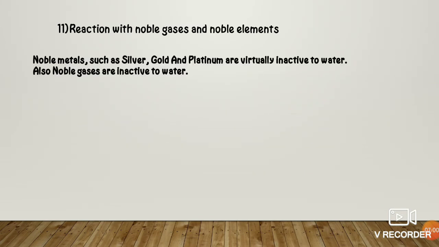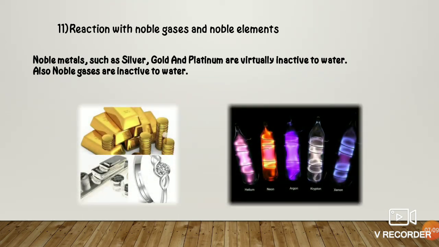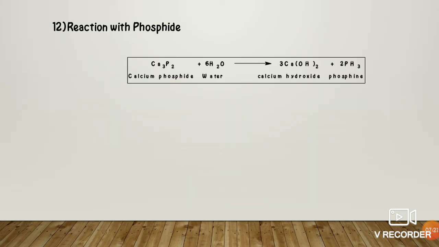Another property is reaction with noble gases and noble elements. Noble metals such as gold, silver, platinum, and noble gases such as helium, neon, argon, krypton, xenon are virtually inactive to water. Next property, reaction of water with phosphide. Metal phosphide reacts with water to form the corresponding metal hydroxide, and a colorless, flammable, toxic gas, phosphine, is released.